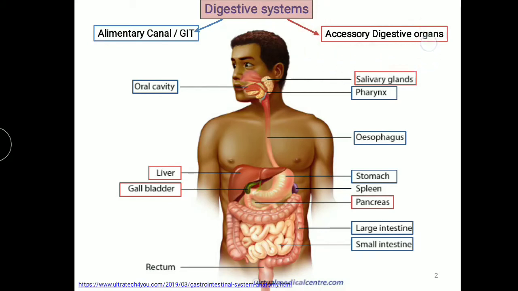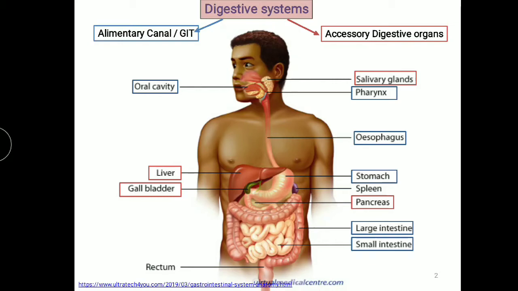Accessory digestive organs help in digestion but are not part of the digestive tract. These are salivary glands, liver, gallbladder and pancreas. So, they aid in the breakdown of food.